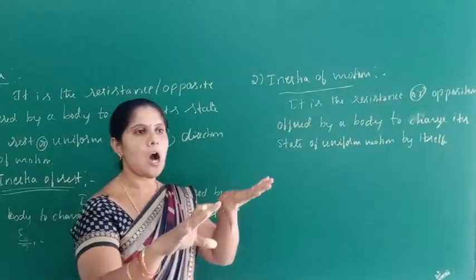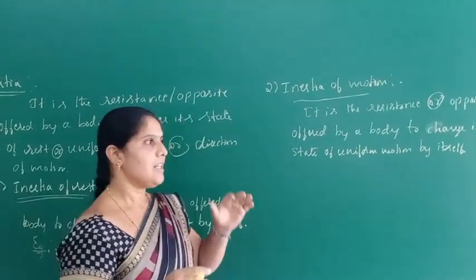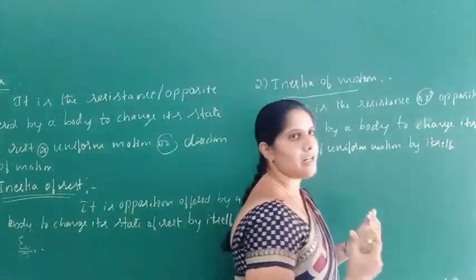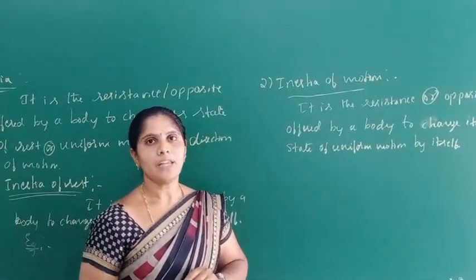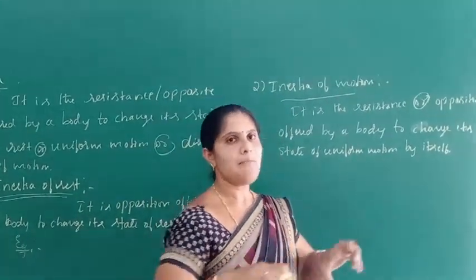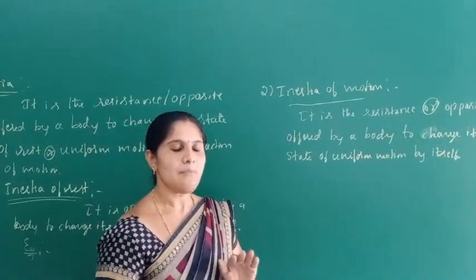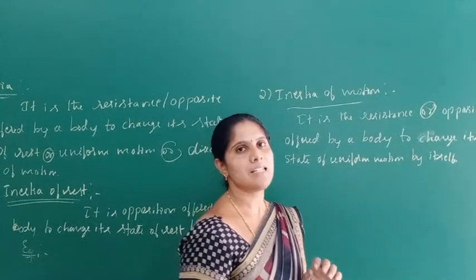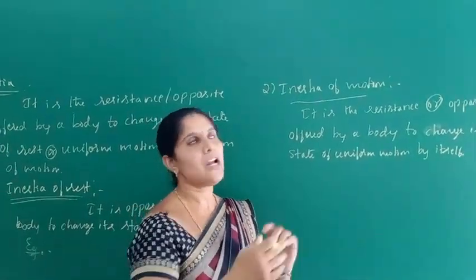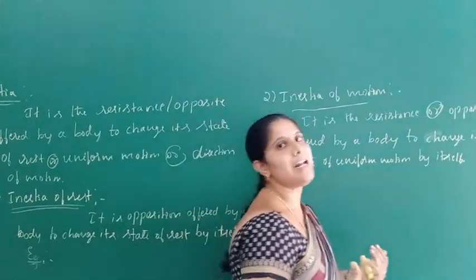When the bus stops suddenly, the passenger sitting inside the bus falls forward because our lower part of the body is in contact with the bus. The lower part comes to rest along with the bus, but our upper part remains in motion because of inertia of motion. That's why we feel a forward jerk.